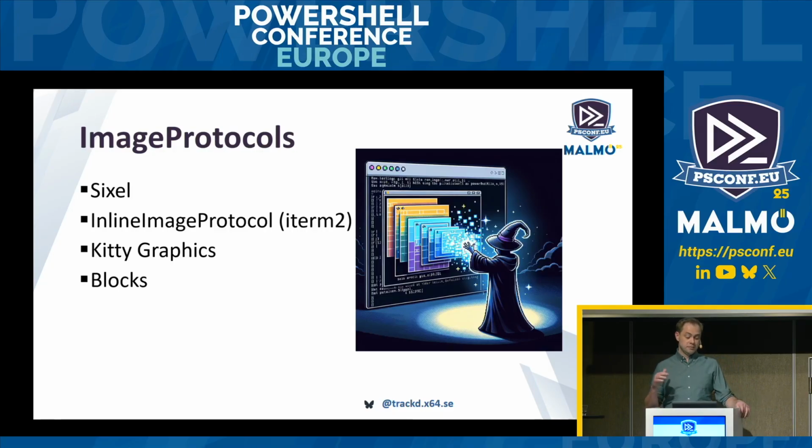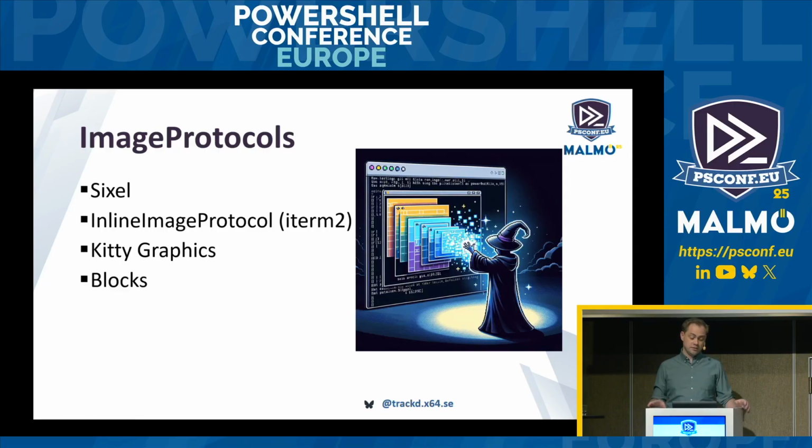The inline image protocol is the iTerm2 variant, where they're basically just dumping the binary data of the file as base64 wrapped in some escape sequences. And Kitty is pretty similar, where they use the image data, wrap it up, and send it.